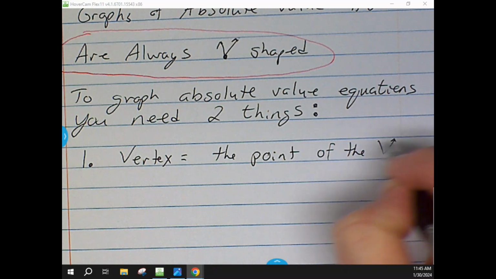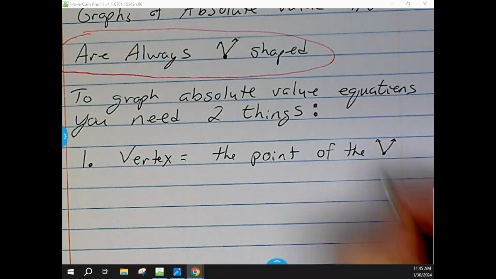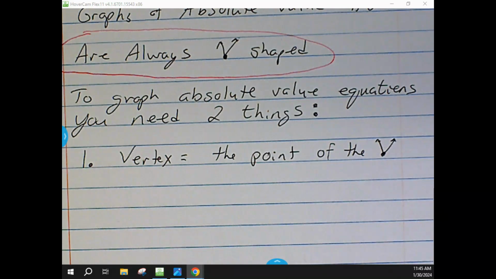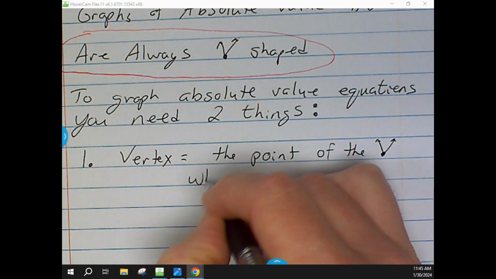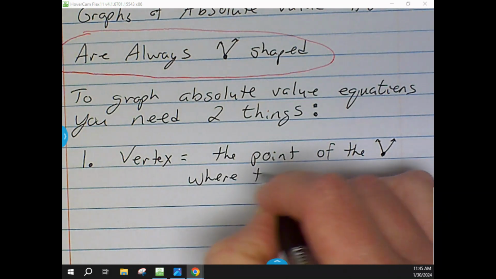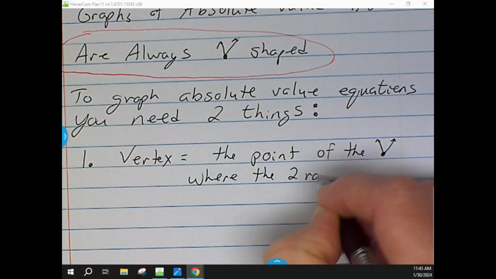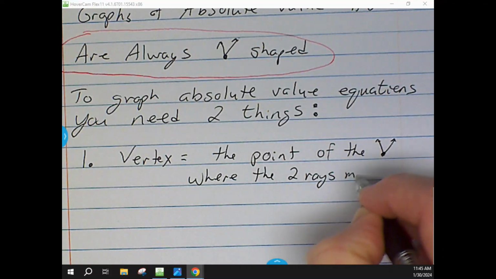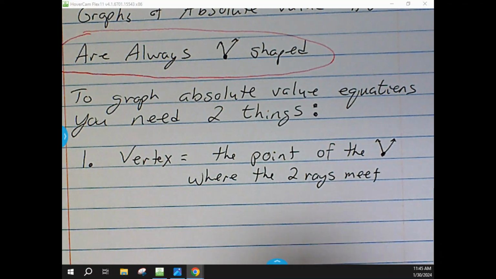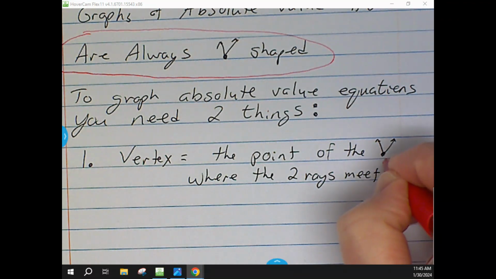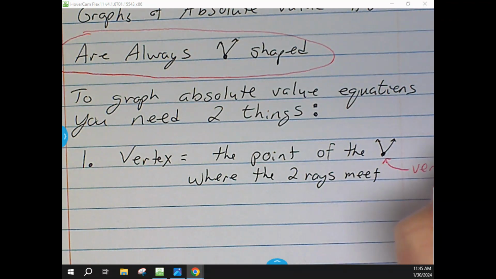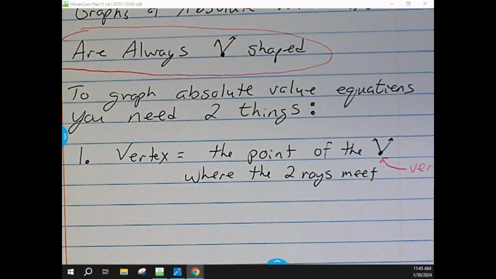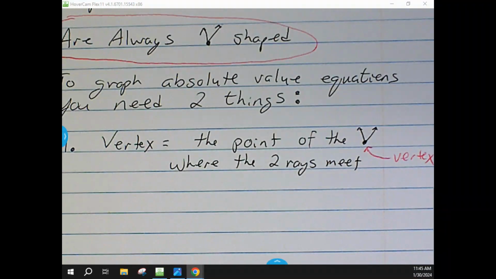It's the point of the V where your two rays meet together at that point right there. Okay, so again, that's your vertex.